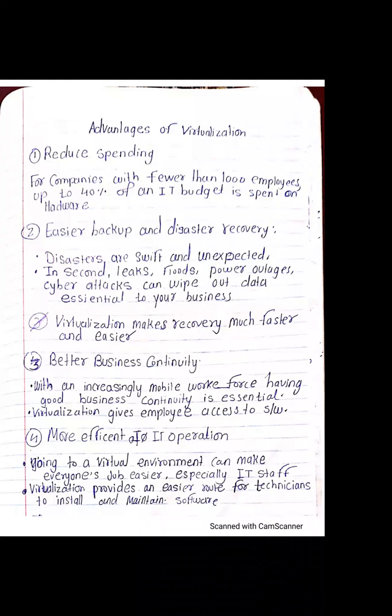Anywhere, any place, they can use the software, but they need a high-speed internet facility, and all employees can use the same software or same data simultaneously. मतलब हर employee एक software simultaneously use कर सकता है, बस they need high internet facility.